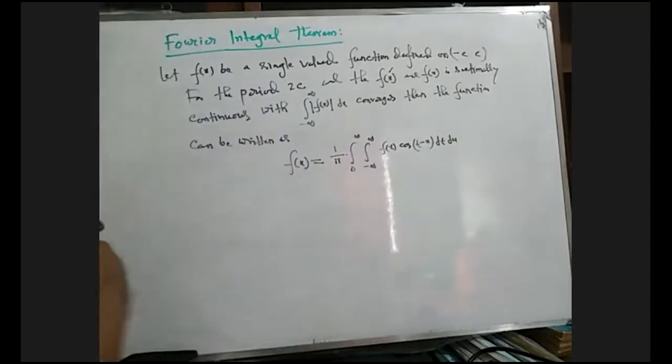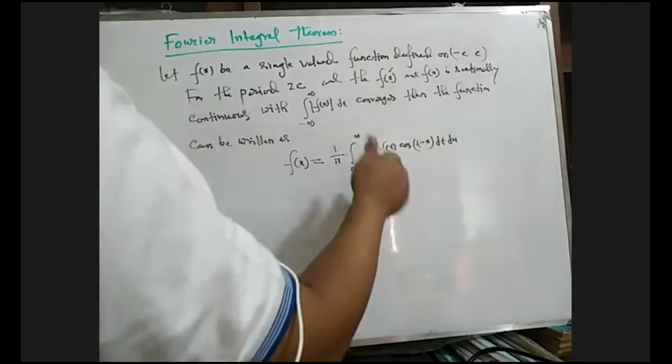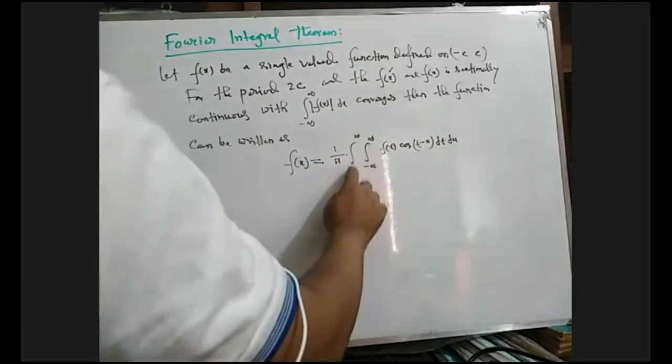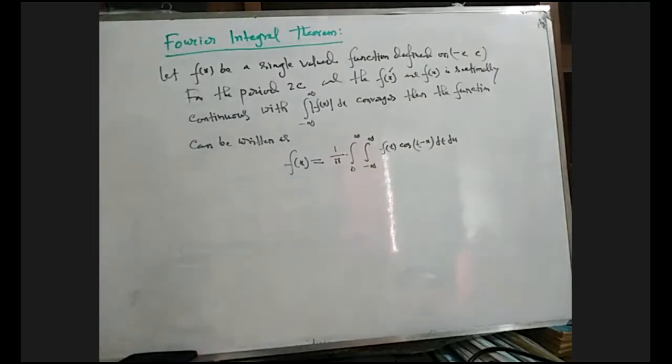Remember it, this t will be minus infinity to plus infinity, but this u will be from 0 to infinity. So this is the statement for the Fourier integral theorem, and we have proved it.